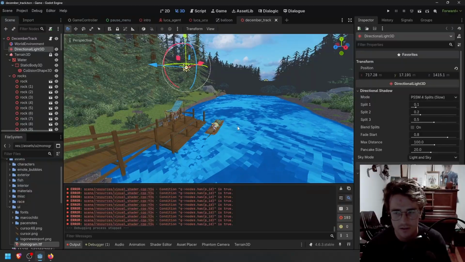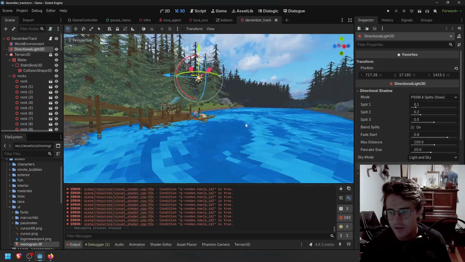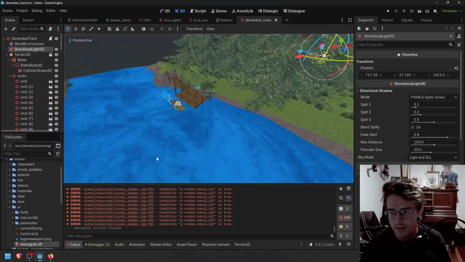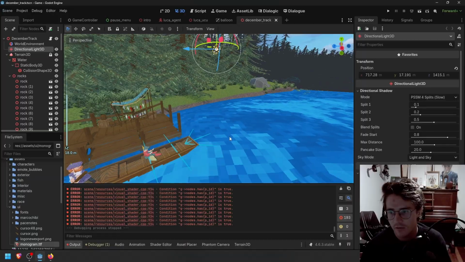In fact, I'm sure it does, but I'm not happy with this, and I'll have to go back and tweak this, which I might do tomorrow.